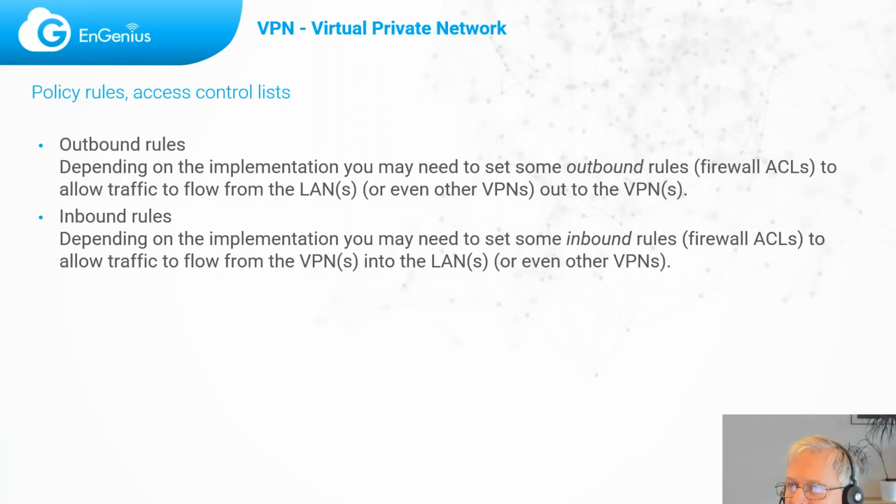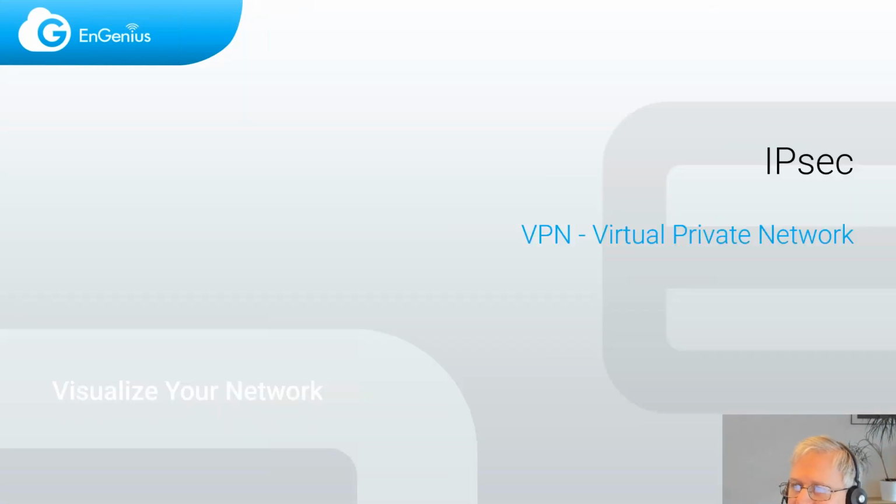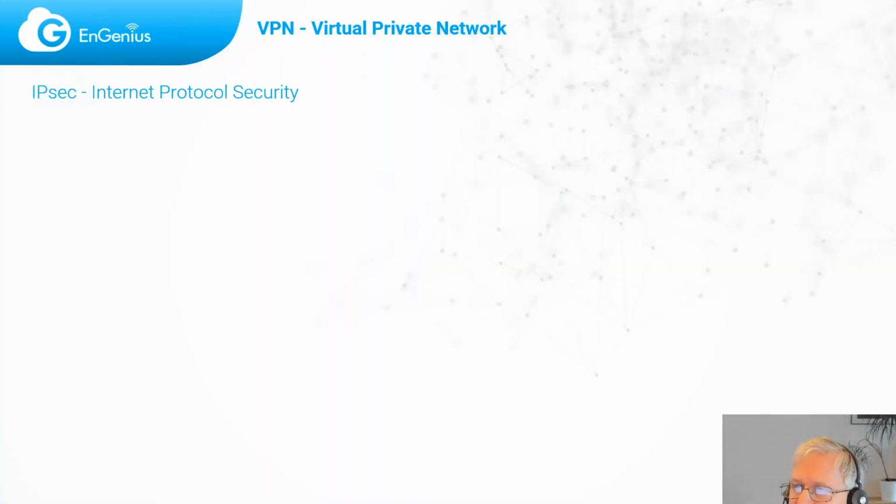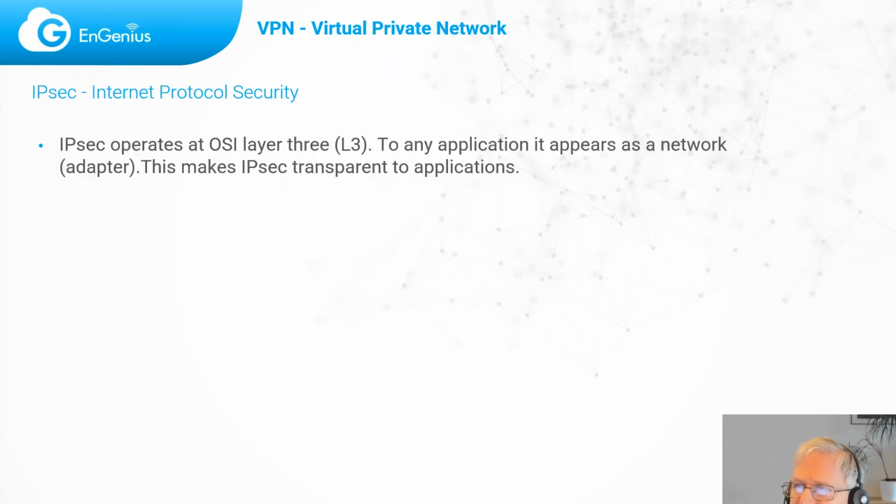Okay, that's very generic. And now to one of the longer parts of my talk: IPsec. So IPsec, or Internet Protocol Security, works on layer 3, and usually when you have it up, it's just like another network adapter in your computer.